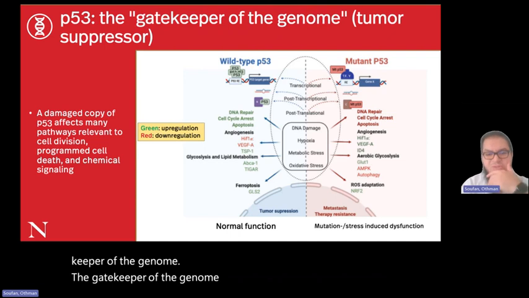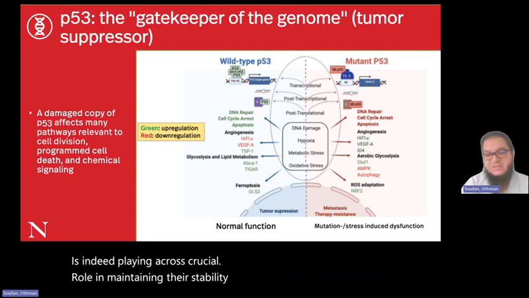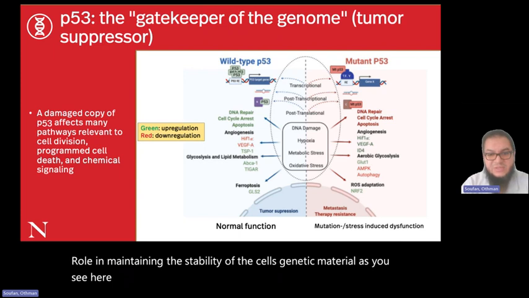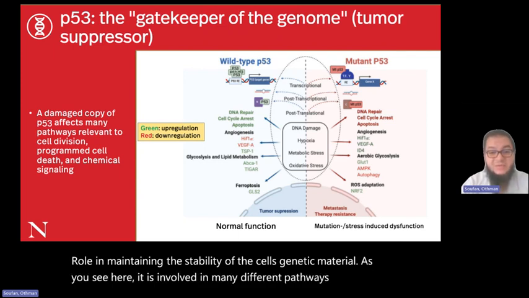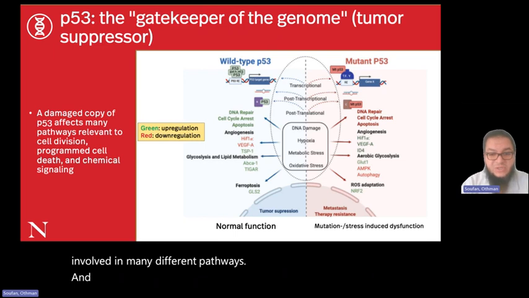It plays a crucial role in maintaining the stability of the cell's genetic material. As you see here, it is involved in many different pathways related to cellular processes and responses.